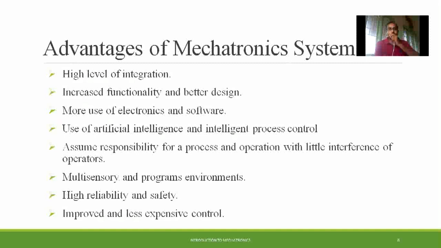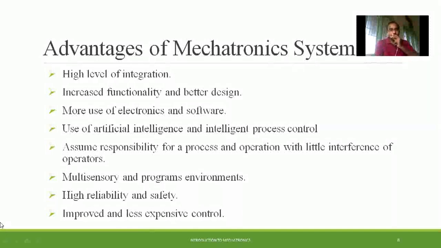Moving on to the advantages of this mechatronic system, there is a high level of integration. High level of integration in the sense that research activities are progressing in electronics, in IT-based sectors, and in the mechanical sectors.